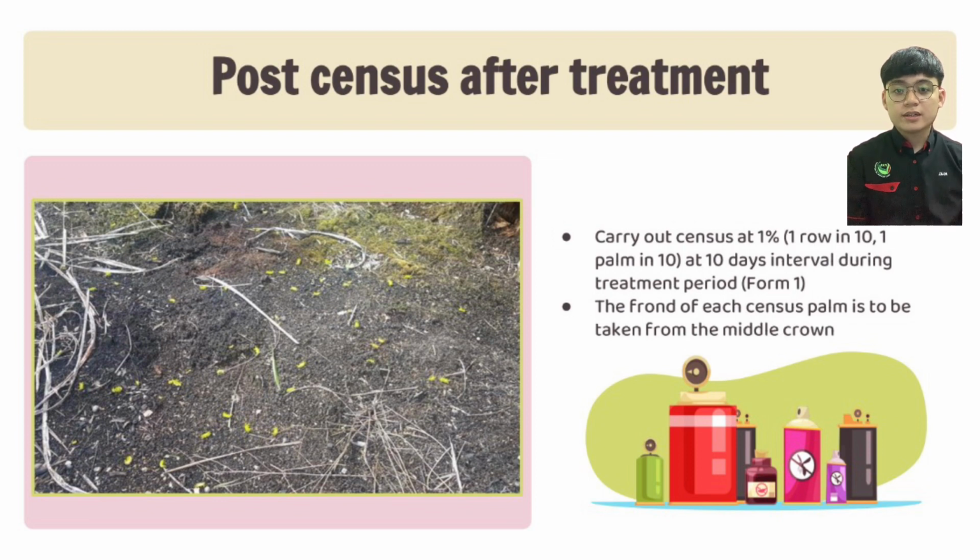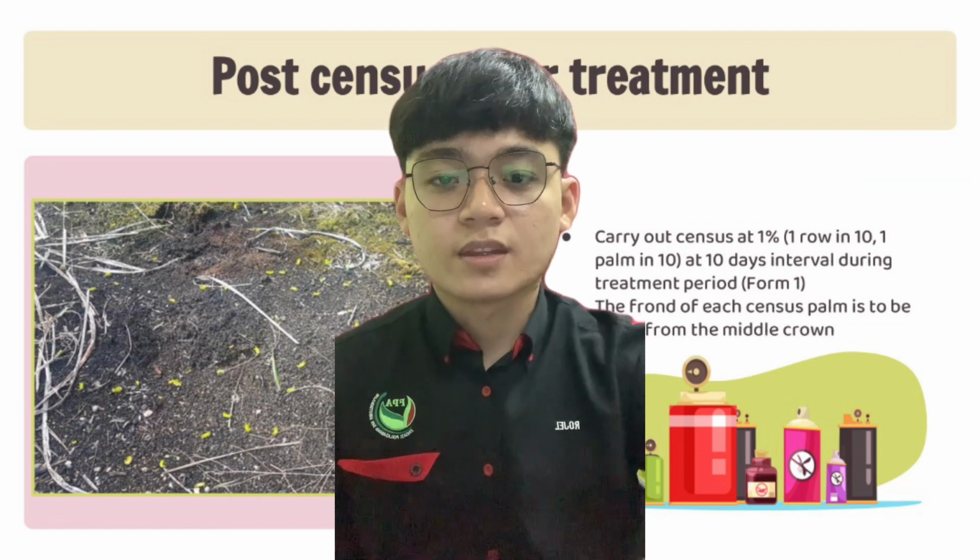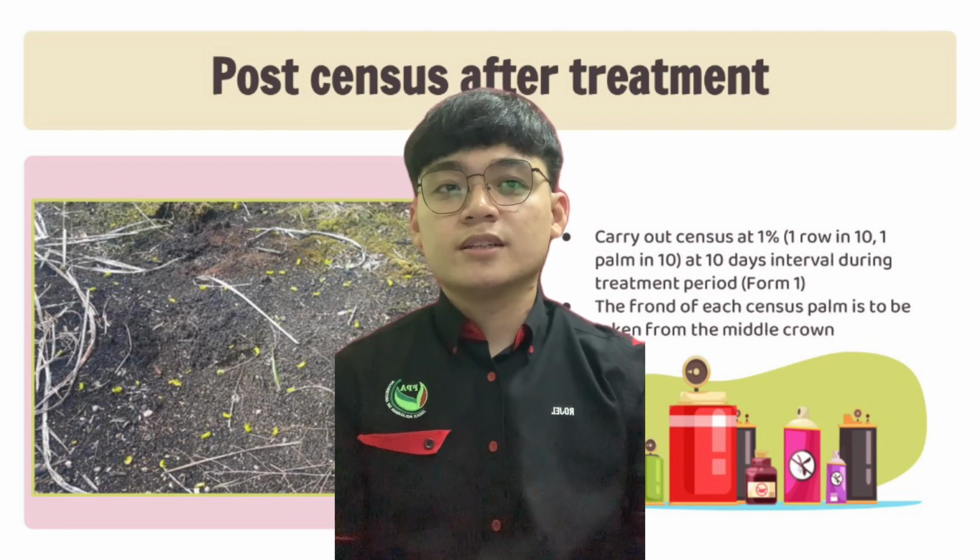We will repeat the same, where the frond of each census palm is taken down from the middle crown. As we can see in the picture, there are pictures of dead pests on the soil. That's all from me. Thank you.